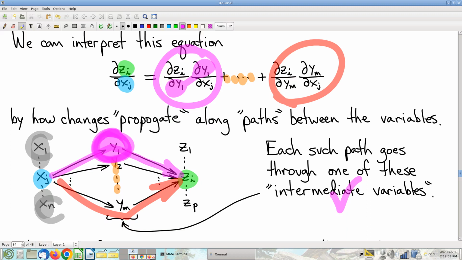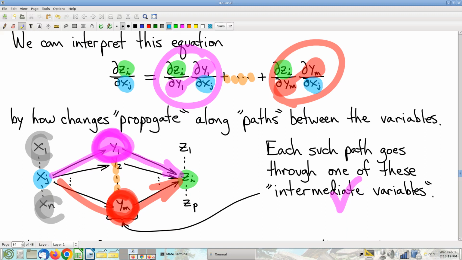It's the things that we had this temptation to want to cancel. Right? That's just where they show up. And then likewise down here, this intermediate variable, ym, again, sort of denominator and numerator like that. And this is always partial zi, and this is always partial xj.